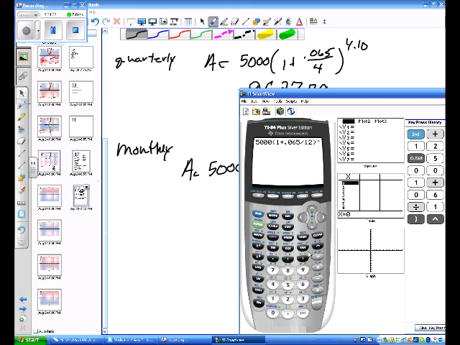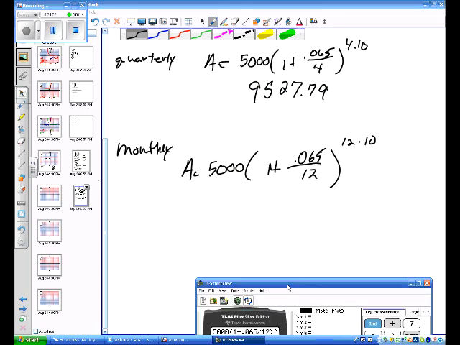Now, here we're going to put in our 12 times 10, or 120. If you get to ones that you don't know what they multiply to be, then it's okay to go ahead and put that, as long as you put it in parentheses, 12 times 10. So on that one, we would make $9,560. So we keep making just a little bit more.